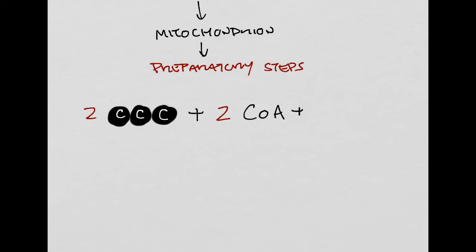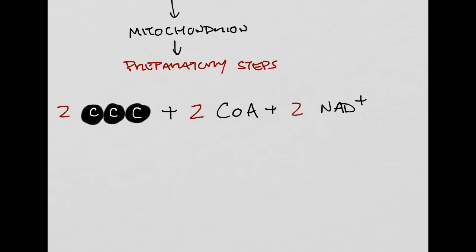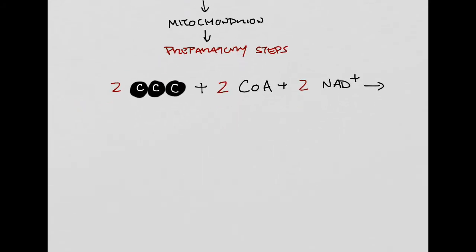We're also going to add in a couple of NAD pluses, which are found floating around in the mitochondrion all over the place. And those things are all going to combine to form something called acetyl-CoA. So let me grab 2 of these.